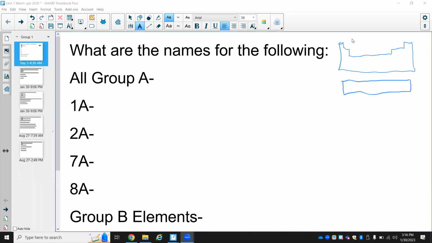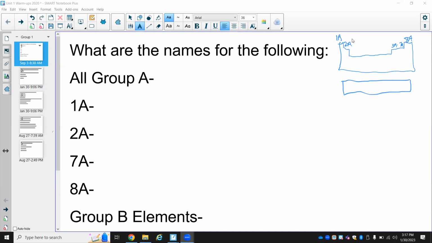There are the group A elements, which are 1A, 2A, there's 3A, 4A, 5A, 6A, and then 7A and 8A. And these are typically going to be seen in Roman numerals on your reference sheet.